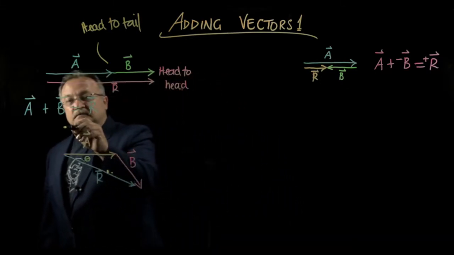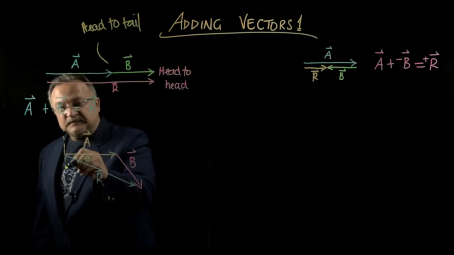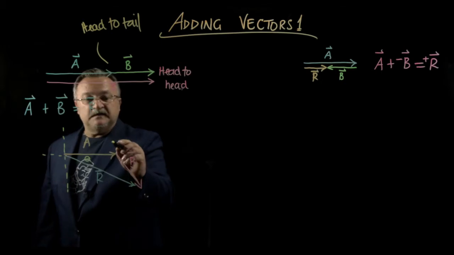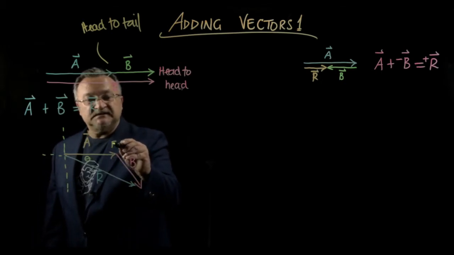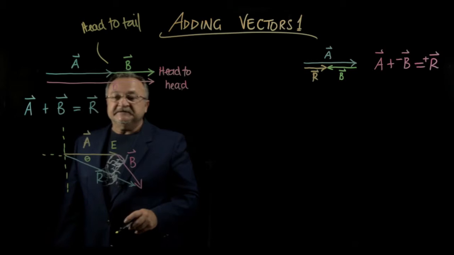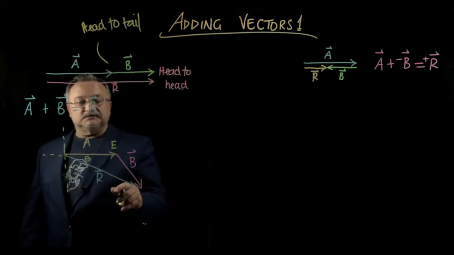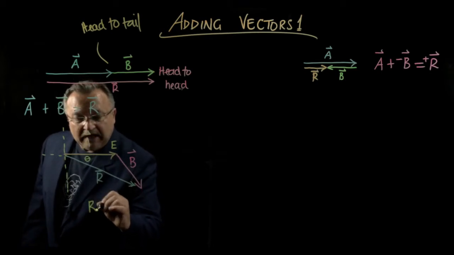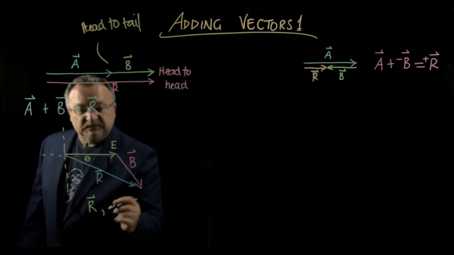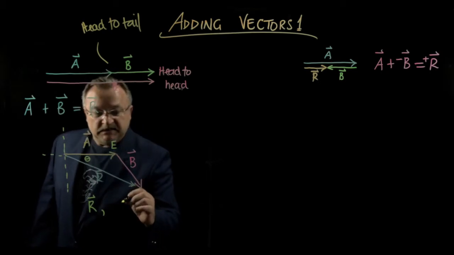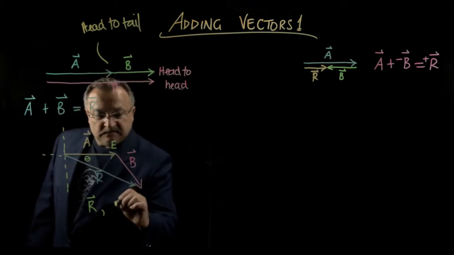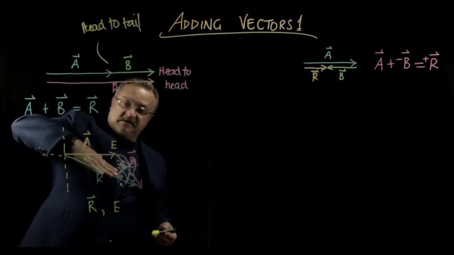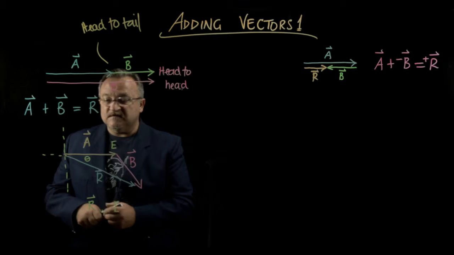So we might put in here a compass bearing, and we would say, therefore, vector A is pointing east. So we'd call the direction, and the resultant vector we'd call R, whatever the magnitude might be, starts at east and then angles down towards the south.